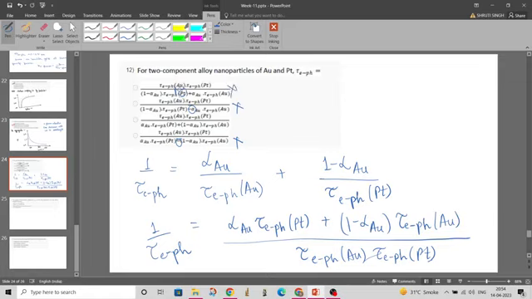So we are left with 1 minus alpha Au plus alpha Au and tau EPH of platinum. So the answer is this one. So take the reciprocal of this. Okay, so the answer will be C.